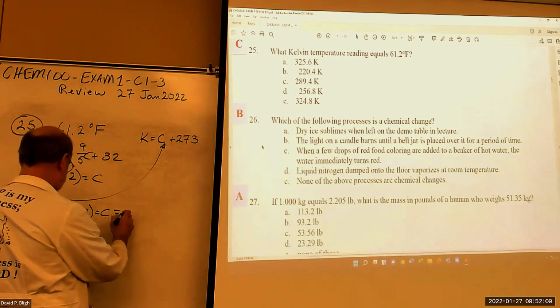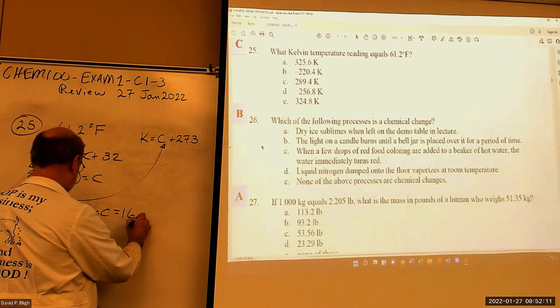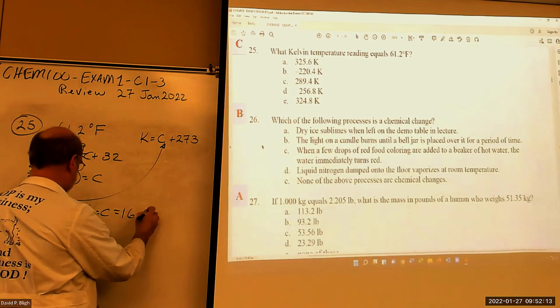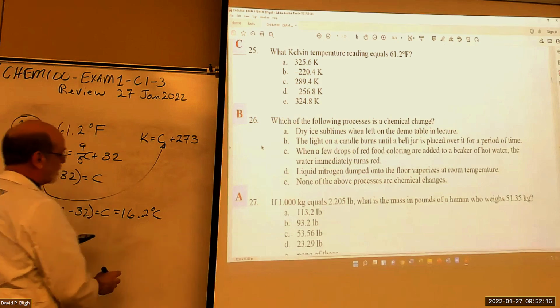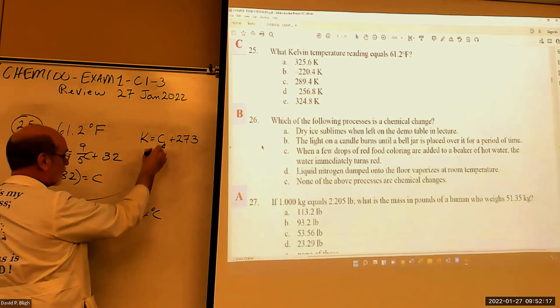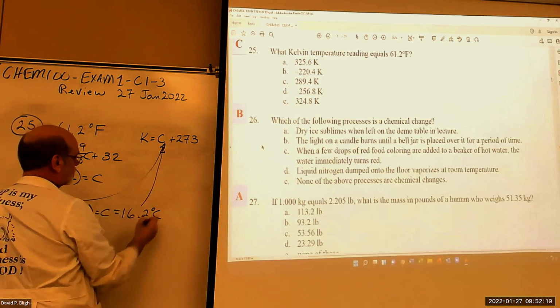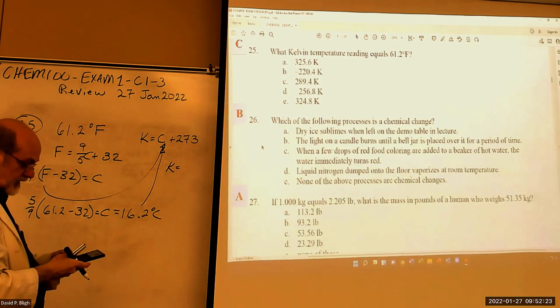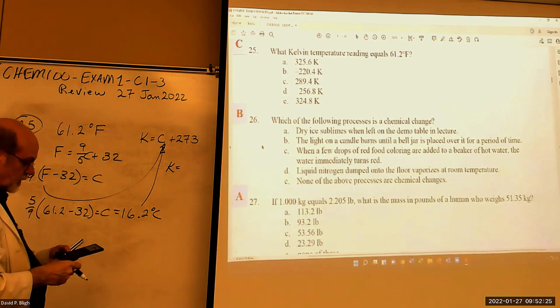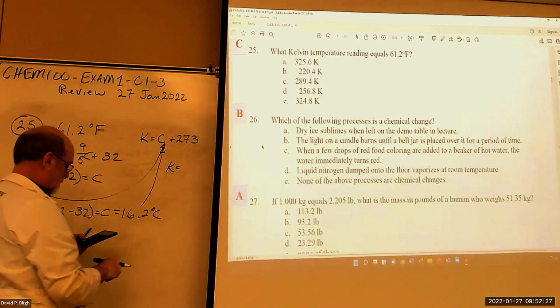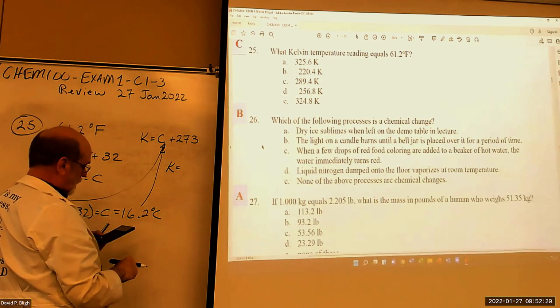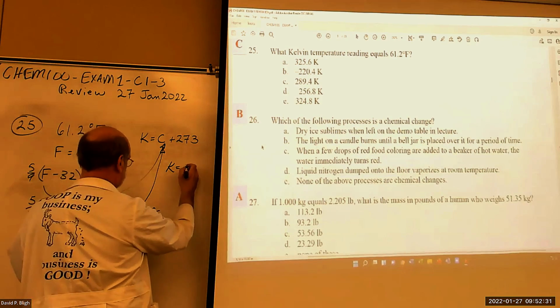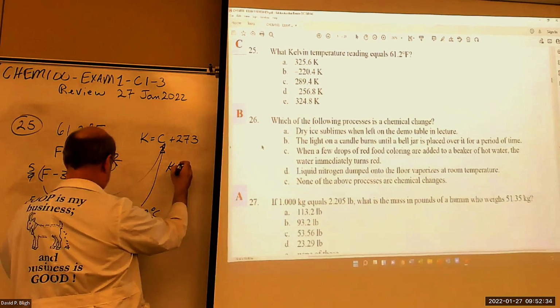So I get 16.2. See? And then we plug this one in here, and add 273 to it. 273 is an exact number also. So we get to keep our decimal. So it's 28.9. Nope, sorry, 289.